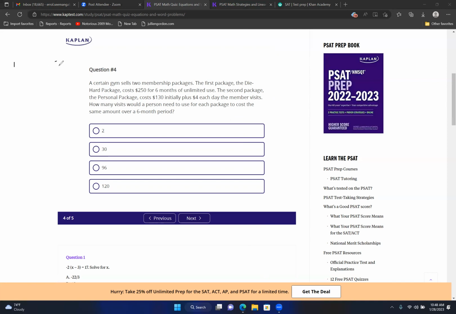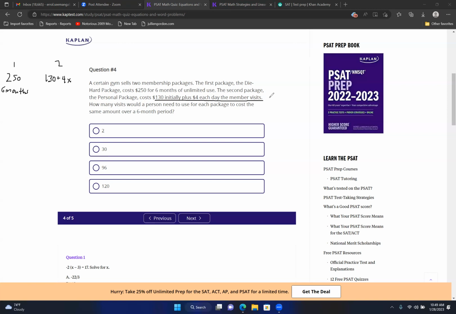Package 1, package 2. This is 250 per 6 months. This one is 130 plus 4 times x, right? 4 times x is the number of visits, right? $4 times the number of visits. 130 initially plus $4 each day the member goes there.